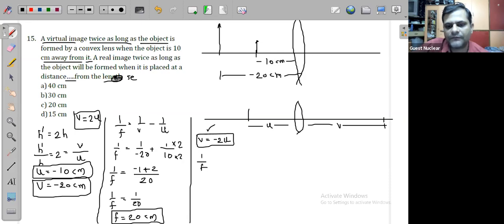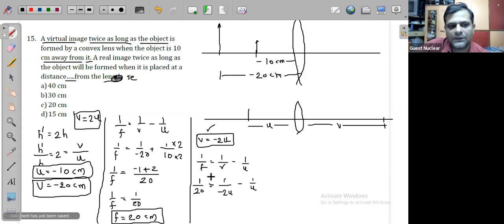Okay, now we have to use the lens equation again, which is 1/f is equal to 1/v minus 1/u. f is already 20, so it is replaced here. 1/v, where v is going to be -2u, and minus 1/u. Actually u is not known in this case.